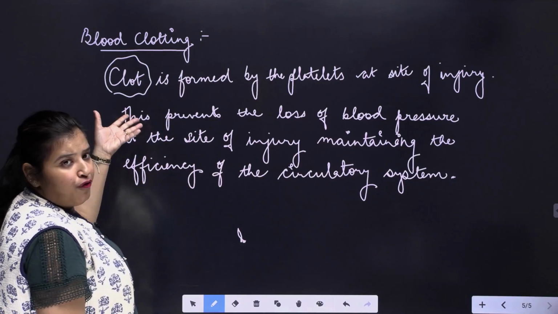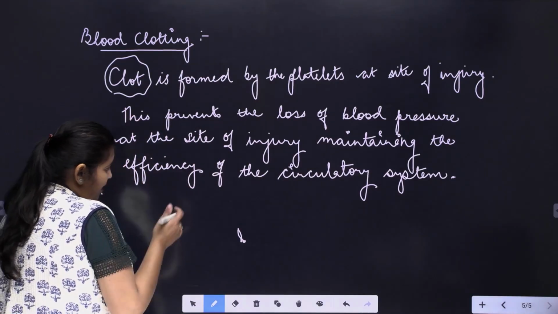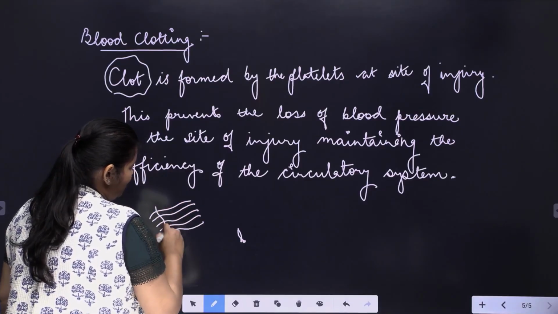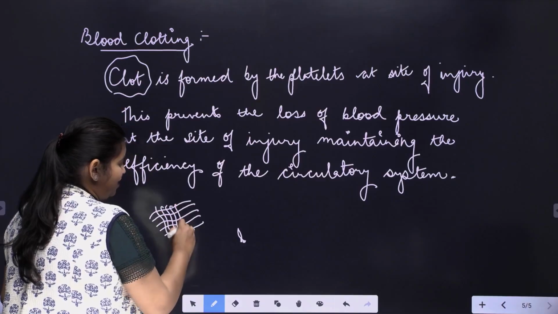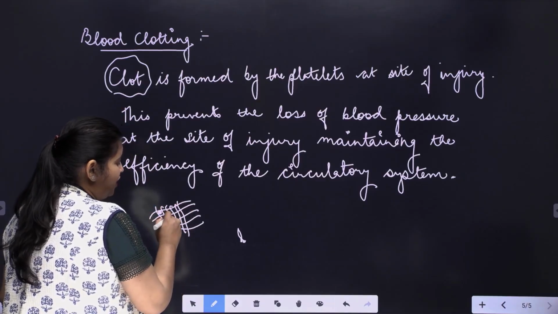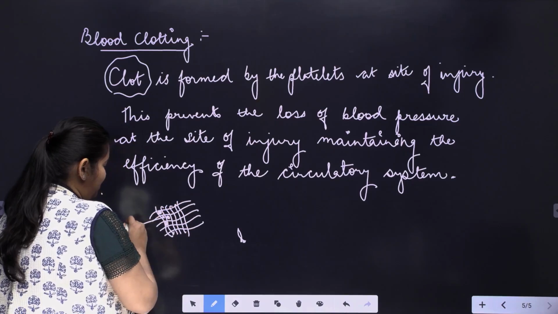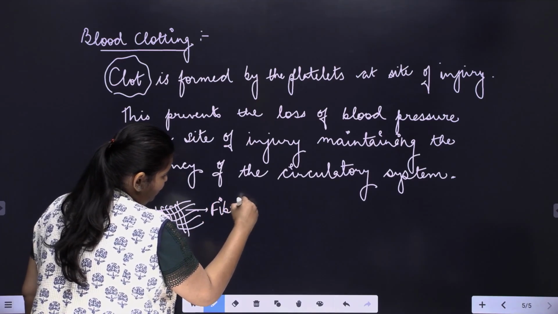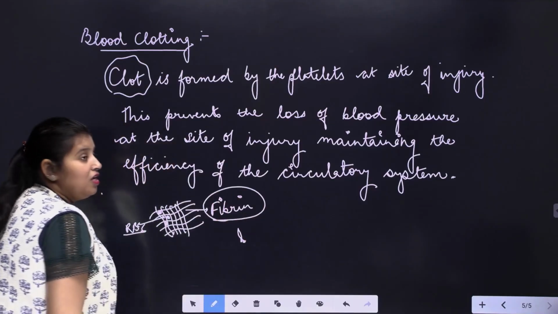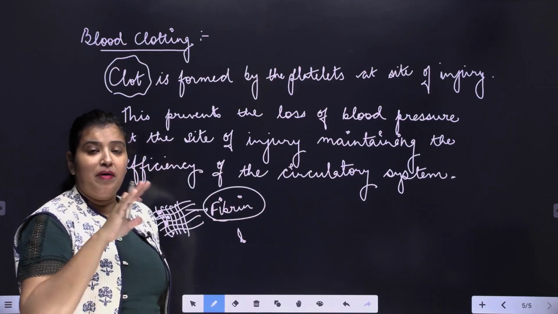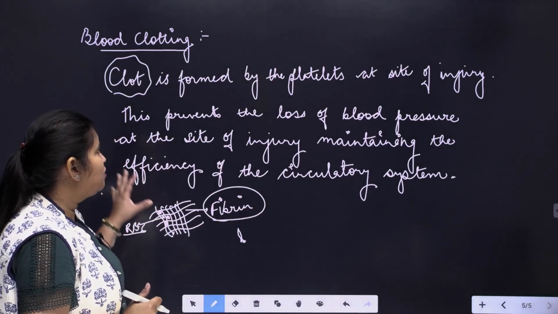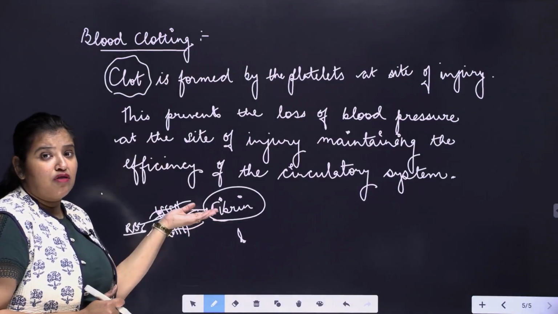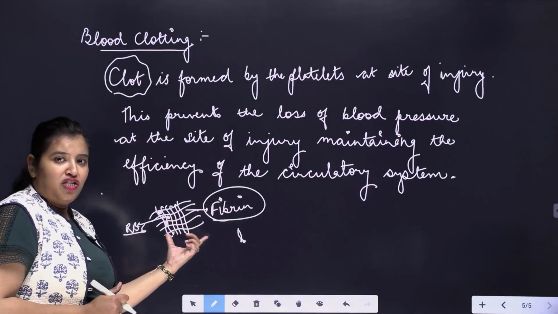So let's quickly write. Clot is formed by the platelets at the site of injury. This prevents the loss of blood pressure at the site of injury, maintaining the efficiency of the circulatory system. How is this clot formed? The platelets reach and they form a net-like structure like this, and each pore of the net gets blocked by RBC. This is the fibrin protein. There's a complete blood clotting mechanism that you will study in higher classes, but for now remember the fibrin in the blood, which was present as plasma protein, forms a mesh-like structure.